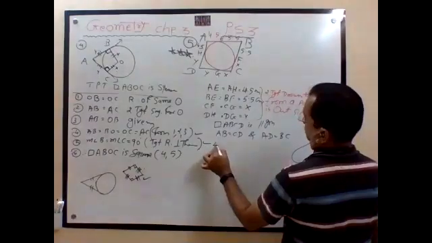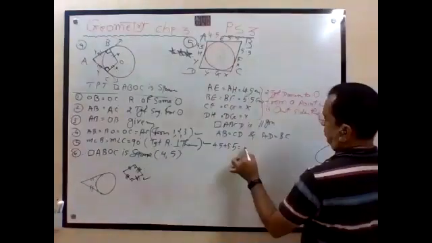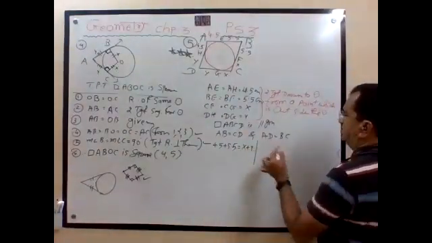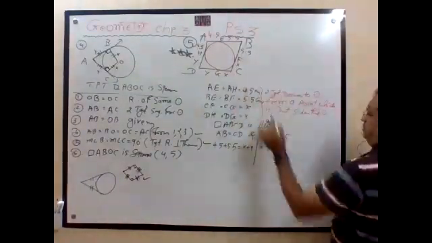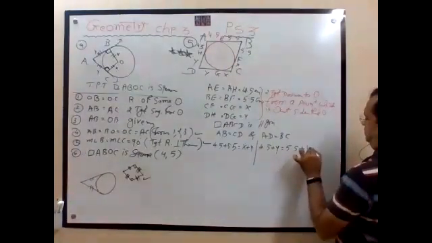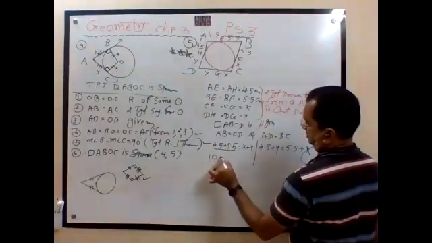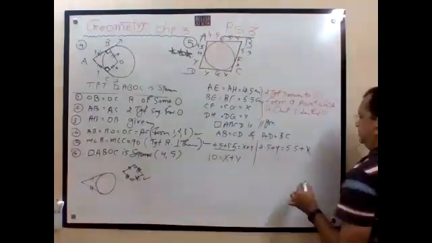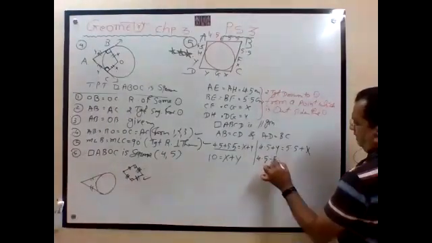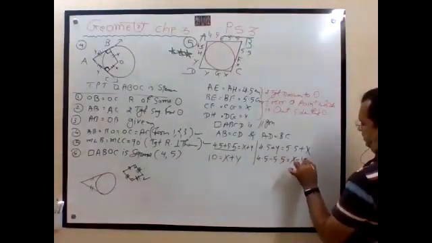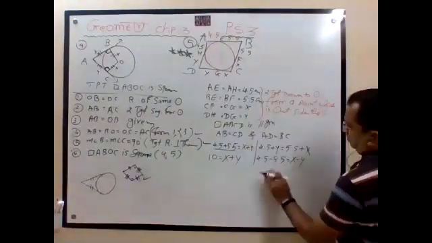So AB means what? 4.5 plus 5.5 is equal to X plus Y. AD means 4.5 plus Y. BC means what? 5.5 plus X. So this is 10. This comes to this side: 4.5 minus 5.5 is equal to X minus Y. So minus 1 only.